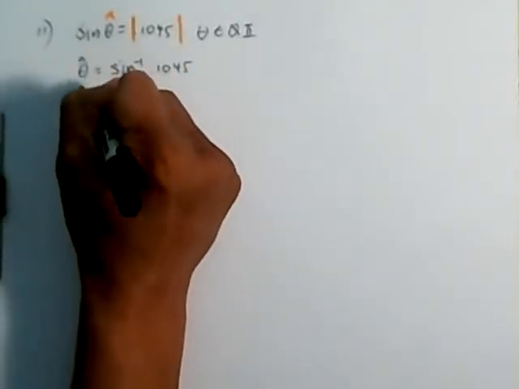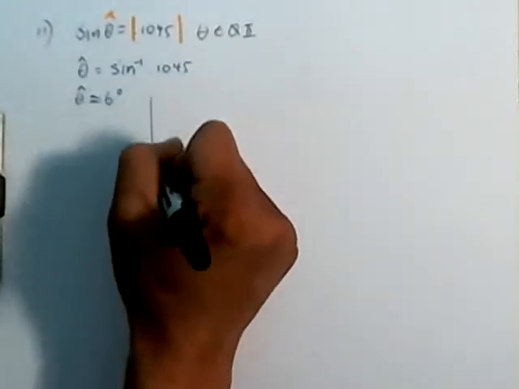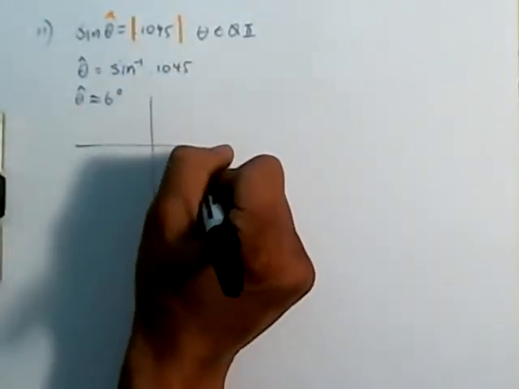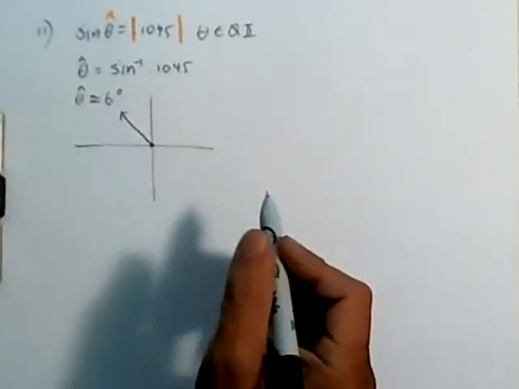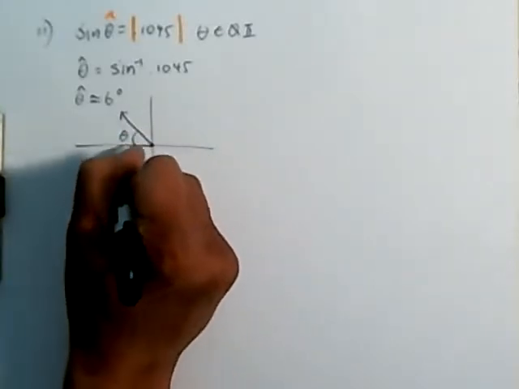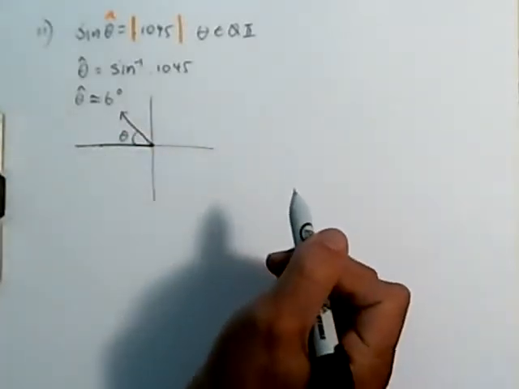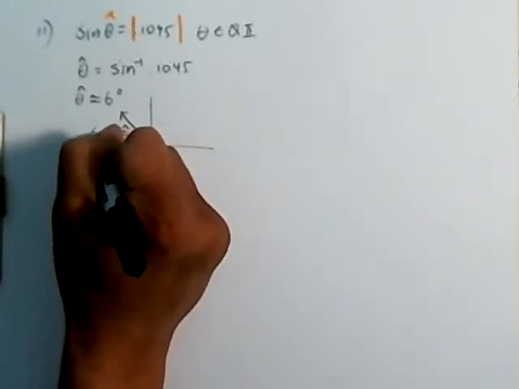It's approximately 6 degrees. Now, since we found theta hat and theta resides in quadrant 2, you want to draw the reference. It radiates out into the second quadrant, and it's referenced always with the x-axis, so that's theta hat right there, approximately 6 degrees.